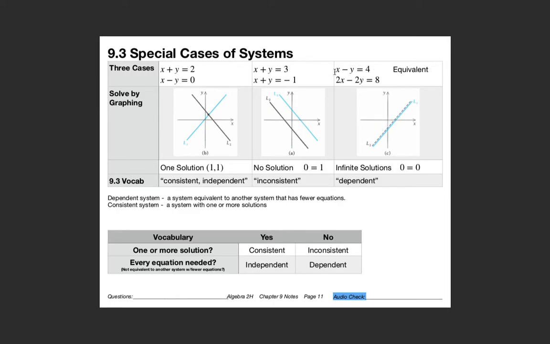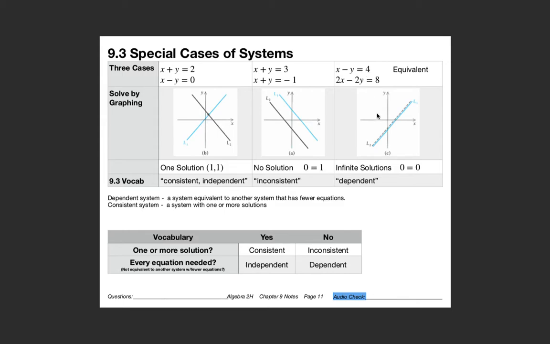If you consider just x minus y equals 4, you get the graph that you need, and adding this additional equation here, 2x minus 2y equals 8, it's not really helping you find the solutions. This system of two equations is equivalent to just x minus y equals 4 all by itself.